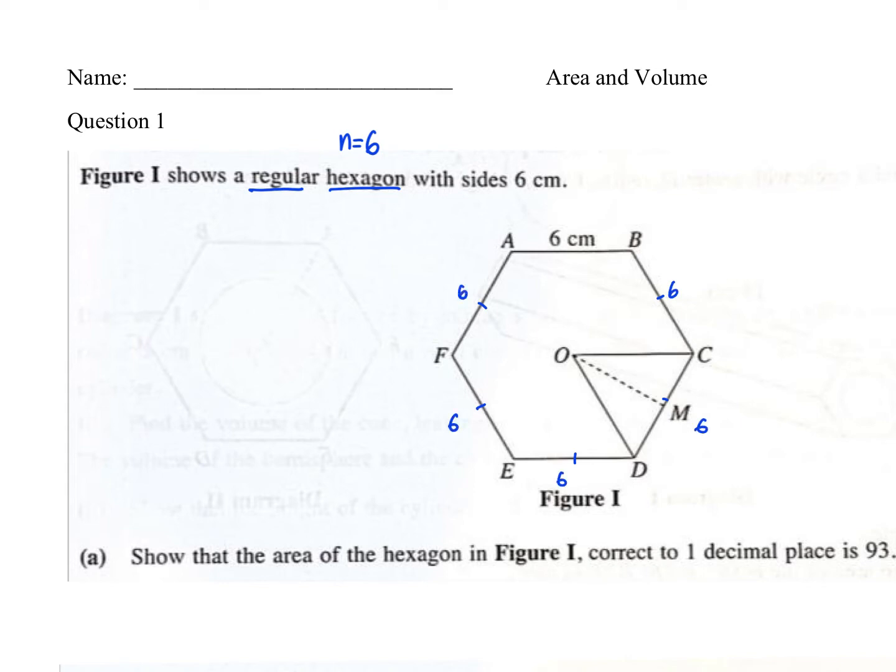And not only that, we can cut it equally into 6 congruent triangles, right? If you know that, then the total angle would be 360. If I divide by 6, I'm able to get one angle over here to be 60 degrees.